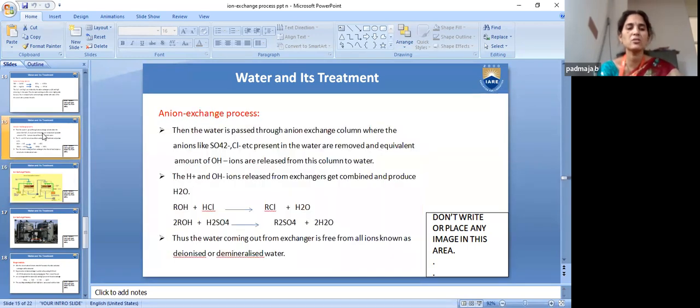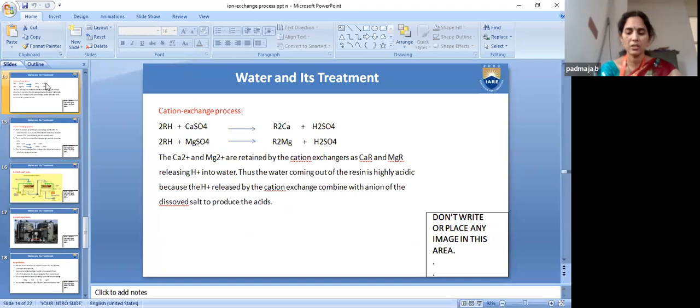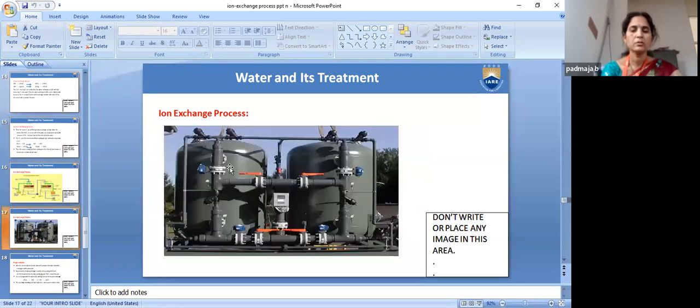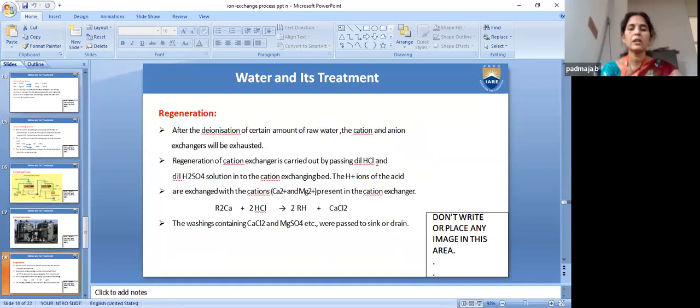So this is the regeneration of cation exchanger resin. Very simple. We are using dilute HCl or dilute H2SO4. This solution, dilute HCl for example, we pass through the cation exchanger resin, where exchanging of cations takes place, H plus ions with the Ca2 plus ions present in the cation exchanger bed.